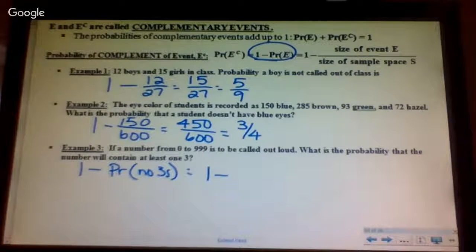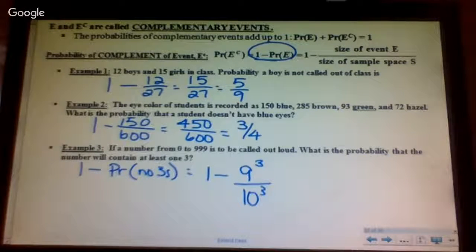If I want absolutely no 3s, how many options do I have for a number? How many digits do you have total? 10. If I take away the choice of a 3, how many options do I have? 9. And it's a 3-digit number, so it's raised to the third. Over, I technically have 10 digits available, raised to the third.